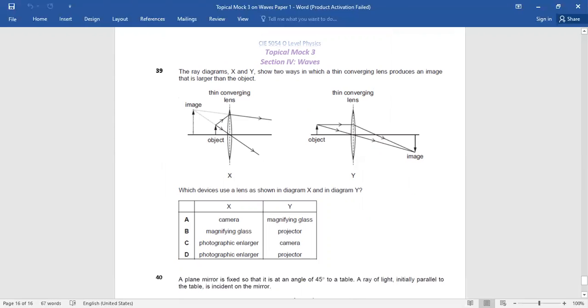And Y is giving you a larger, inverted image. That is for a projector. So it should be B. Which one did you give? I gave B in this one, I think.